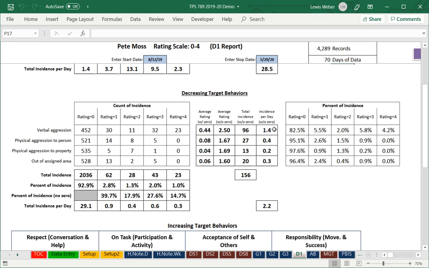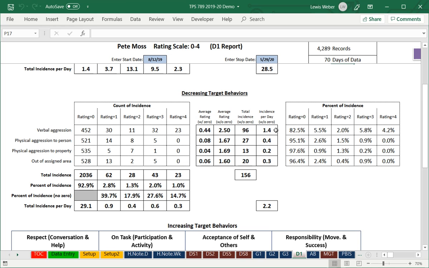So on a daily basis, on average, at least one of the recording blocks was going to have some level of verbal aggression, because that's what incidence shows. So 1.4 recording blocks a day. Of course, you can't really have half a recording block, but it is just a numeric outcome. So 1 and a little bit more incidences per day on the average.